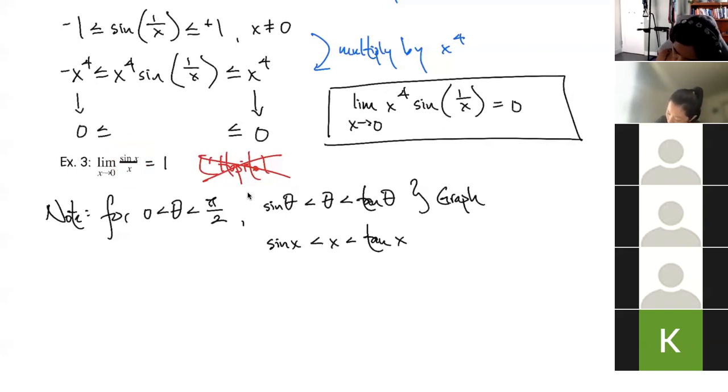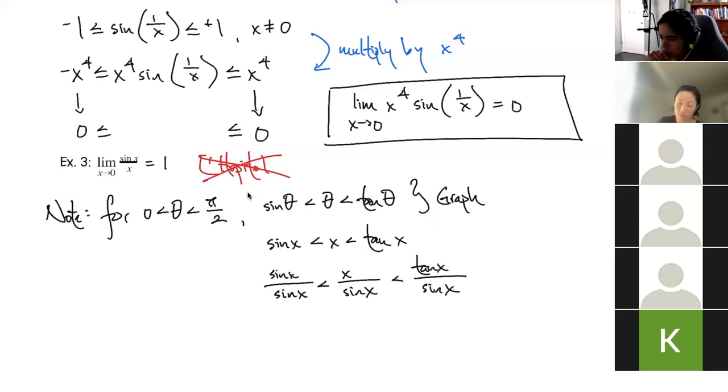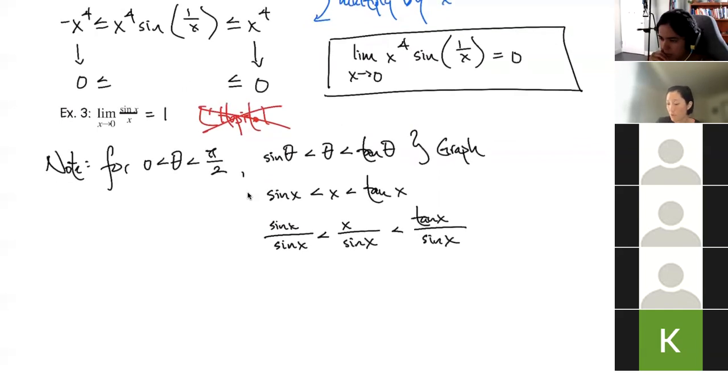So sine x divided by sine x, x over sine x, and tangent x over sine x. Dividing through by sine, let's reduce and see what we get. Well, sine x over sine x is going to give me 1. x over sine x. Any ideas on what tangent over sine is?